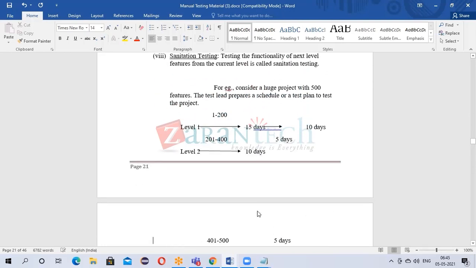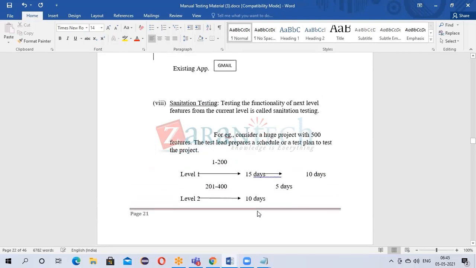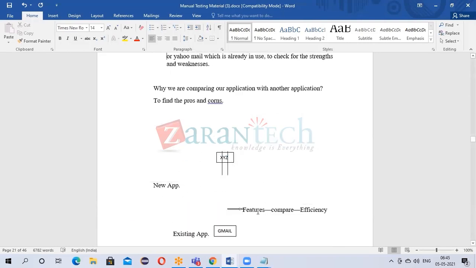Then sanitation testing. So what is sanitation testing here? Suppose, Dugo, I'll take the notepad again.